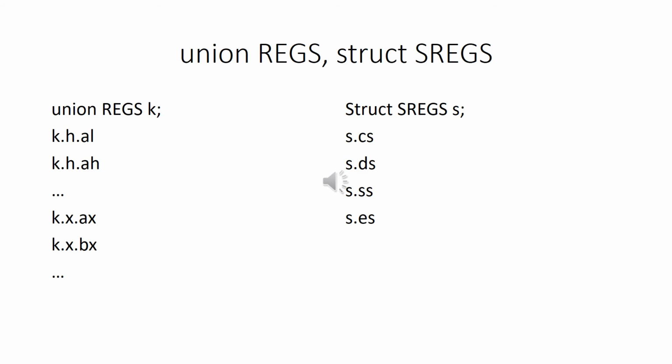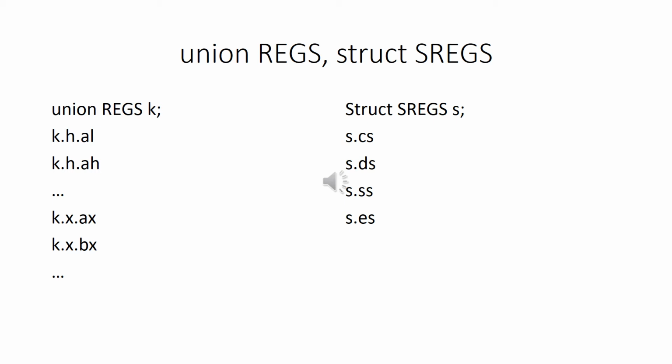We have some built-in unions and structures in the C programming language which will be used for a few customs in microprocessors. For example, REGS is a union which is used to access the 8086 registers. For example, union REGS. Note that REGS should have all capital letters. Example is K. So K.H.AL will give you the AL register, K.H.AH will give you the AH register.